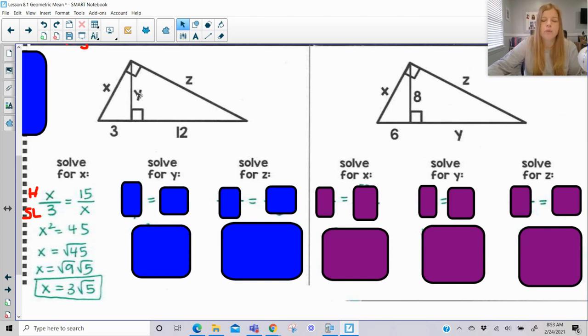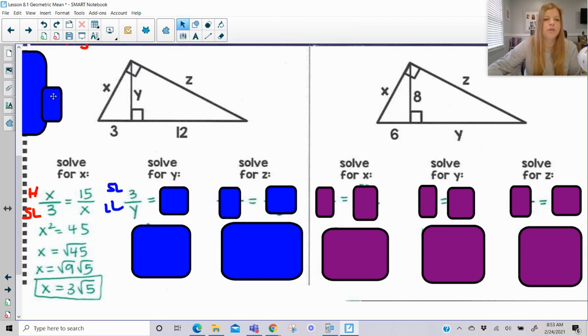So now y. So y is actually just like in the first geometric mean problem I solved for. In this case, I could say, short leg over long leg. So when I'm looking at 3 and y, I notice y is the long leg of this small triangle, and it's the short leg of this medium-sized triangle.